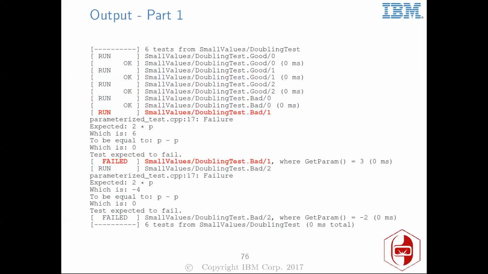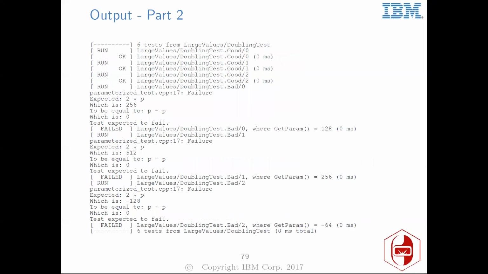Fortunately, the second instantiation of the bad test does fail. And notice that Google Test conveniently prints for us what value was returned by GetParam when we instantiated this particular test. And once again, we have the last test that fails with some form of input value.